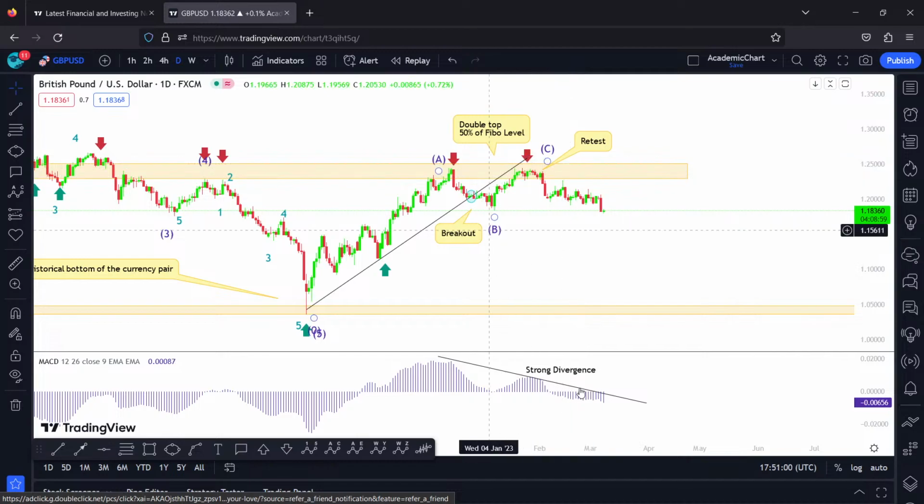So I already had four indications. Now the breakout has happened. The structure has been broken. This is the fifth one. And also the retest and return from that retest is the sixth indication.